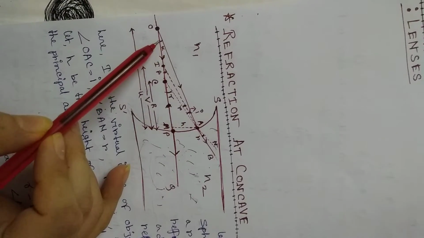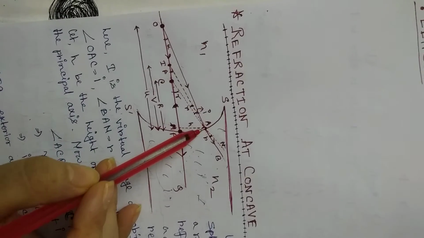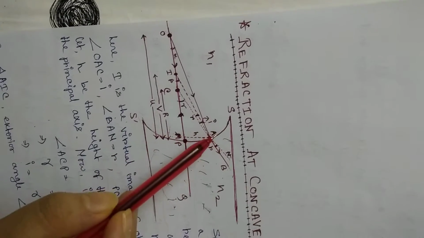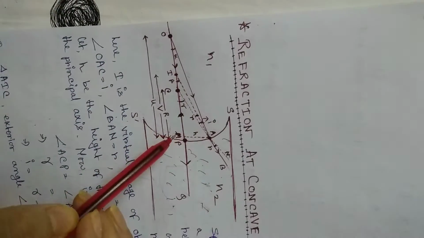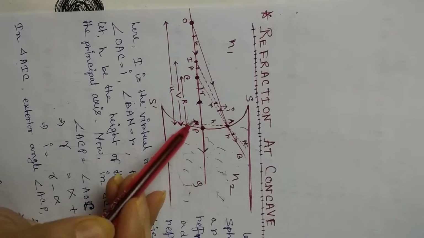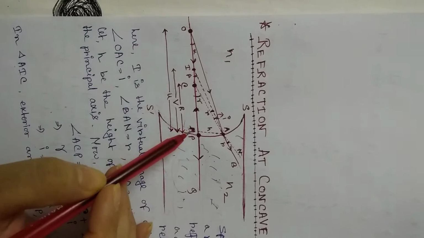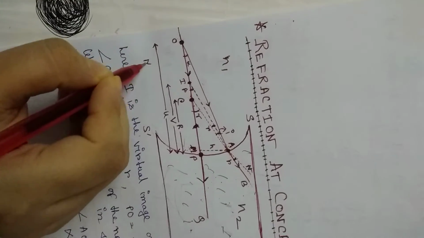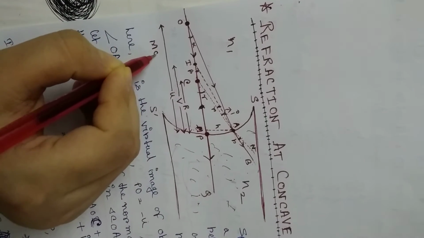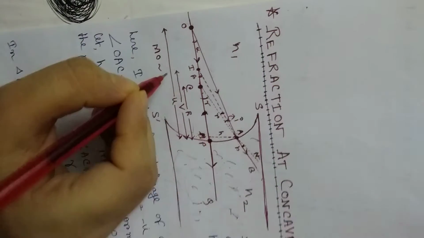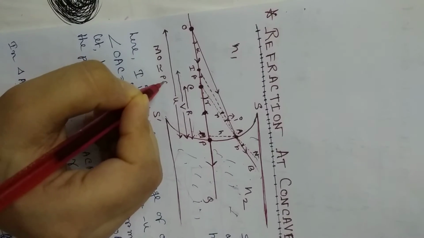You can see here tan alpha equals, this is alpha, right? So we should take this triangle AOM. So we can write tan alpha equals perpendicular, that means AM, by base, that means MO. So AM means h, and we can write MO equals PO, because due to our assumption M and P points are very close to each other, that means we can assume MO is nearly equal to PO.